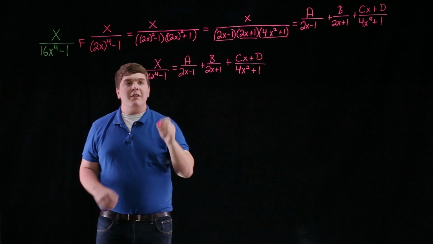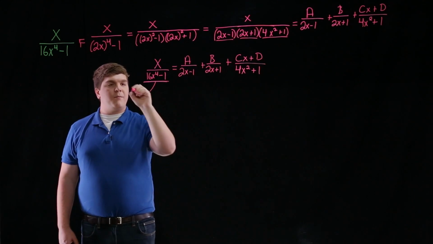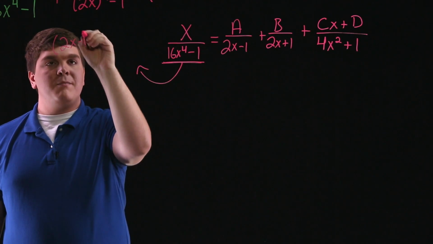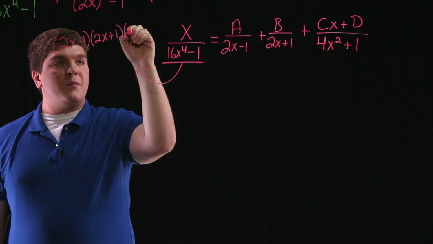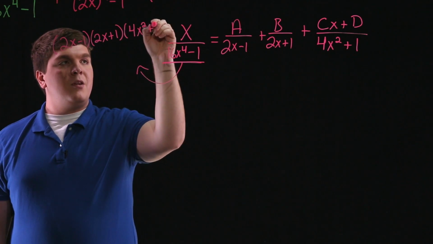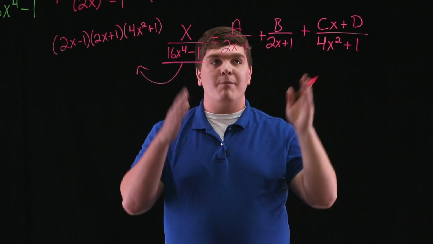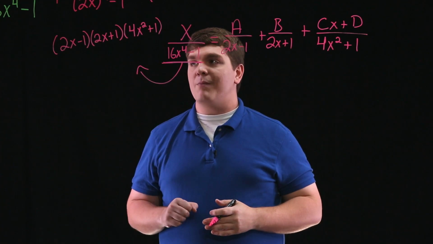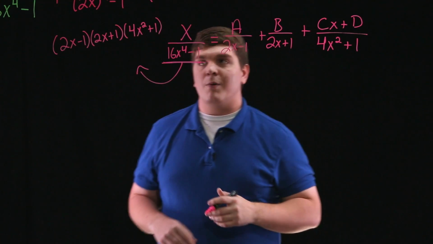Now here, what we want to note is that we already factored the 16x to the fourth minus 1, and we know that this factors into 2x minus 1 times 2x plus 1 times 4x squared plus 1. So at this stage, we can multiply both sides of this equation by the least common denominator, which is 2x minus 1 times 2x plus 1 times 4x squared plus 1.